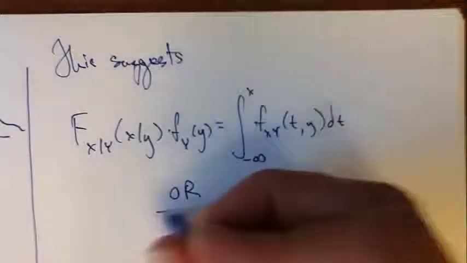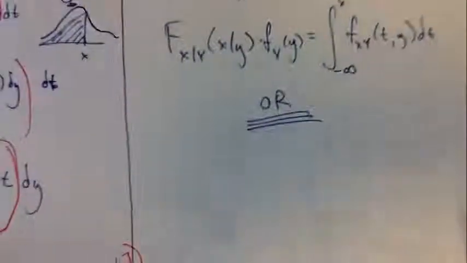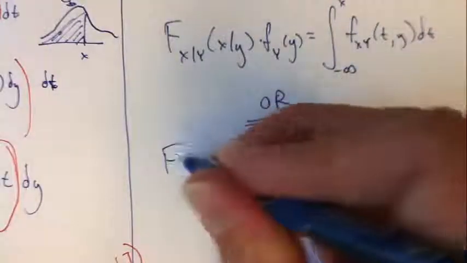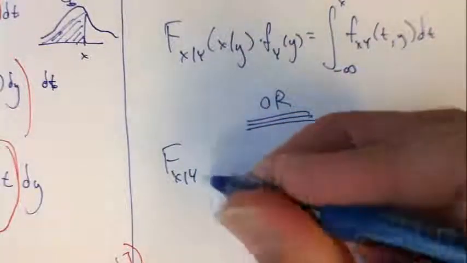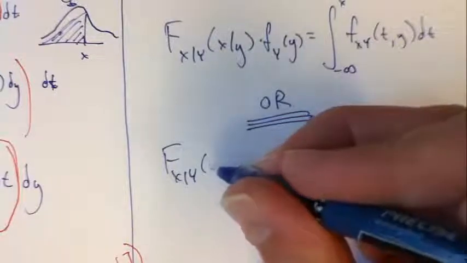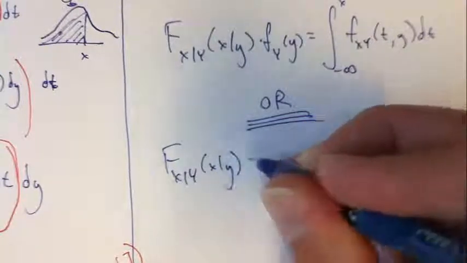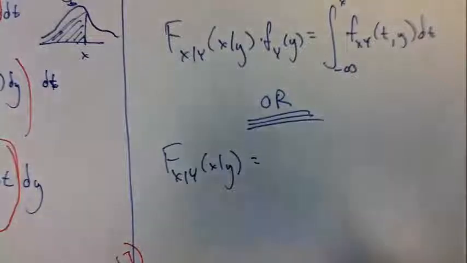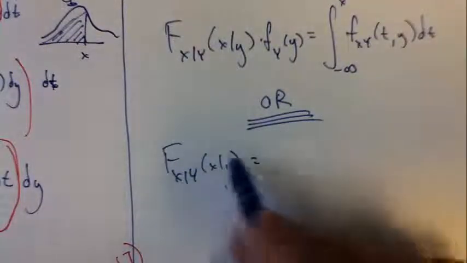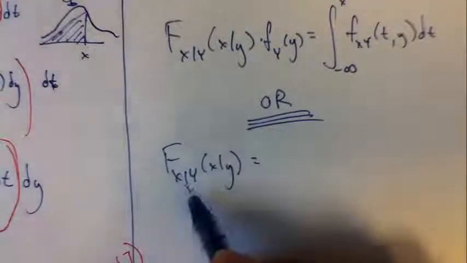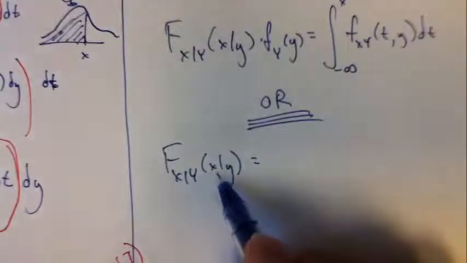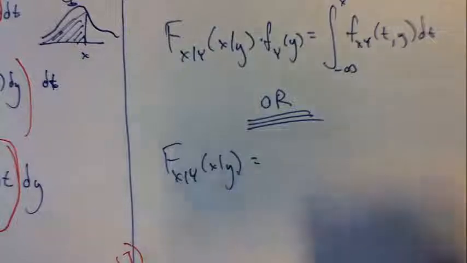Or that if I just do like this, a conditional CDF, that is, this is the probability that X takes on a value less than or equal to little x, given that Y equals y.